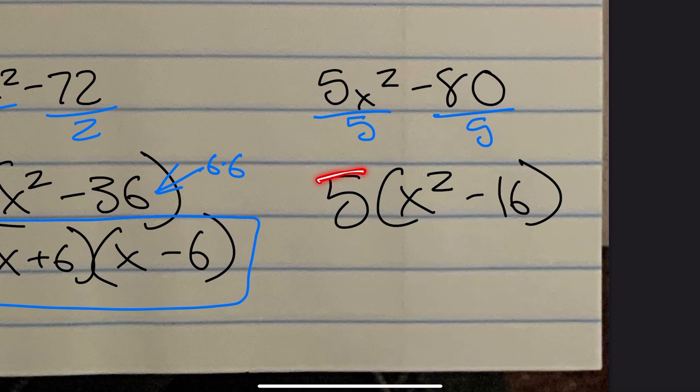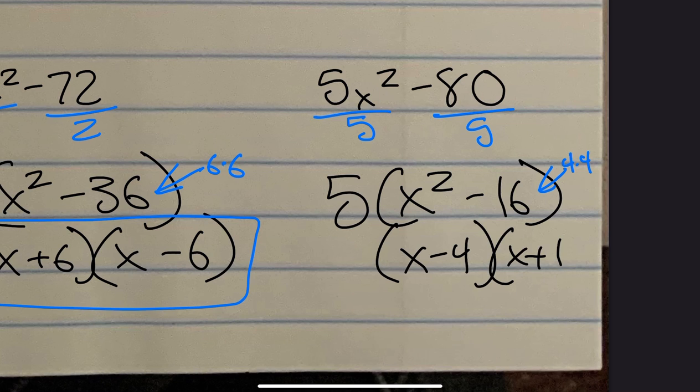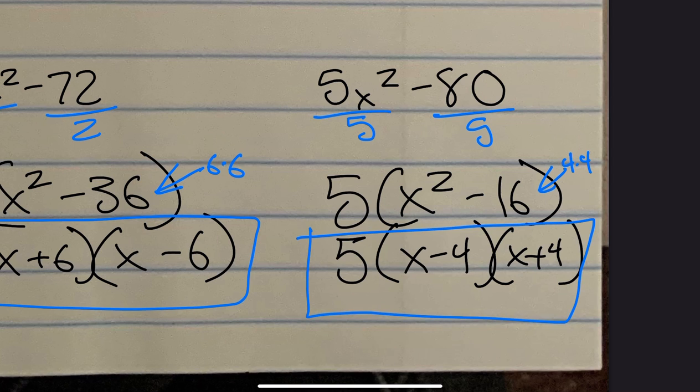And then if I ignore this part, I can do my parentheses first. So I know that 4 times 4 will give me 16. So if I factor that, I have x minus 4, x plus 4. And that 5 is just going to come straight down. So that's what I have for those.